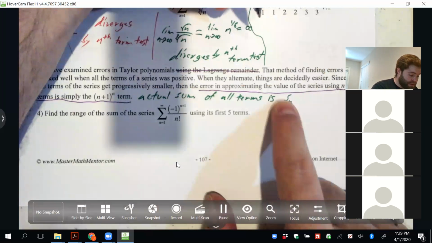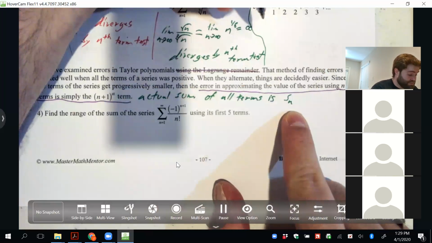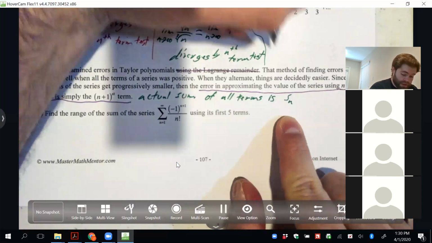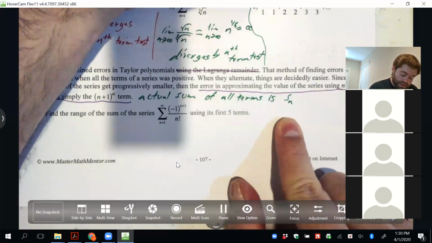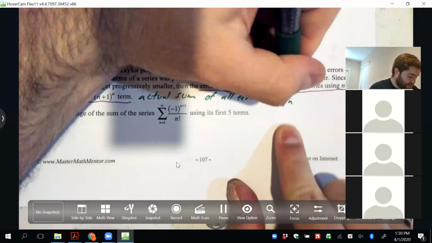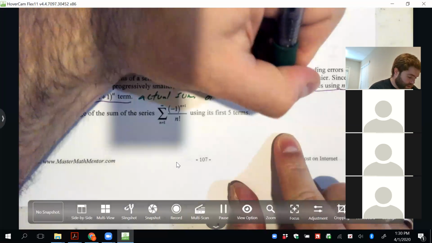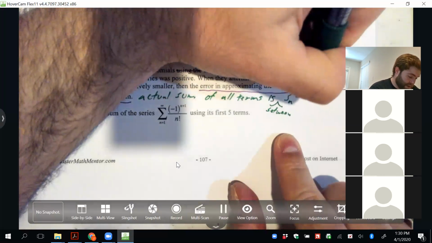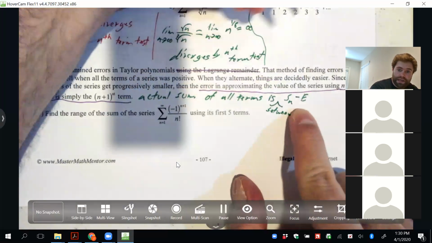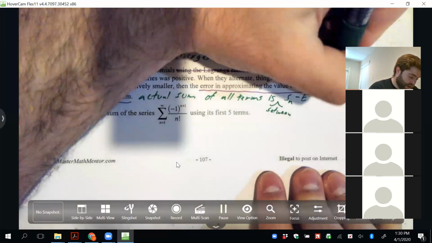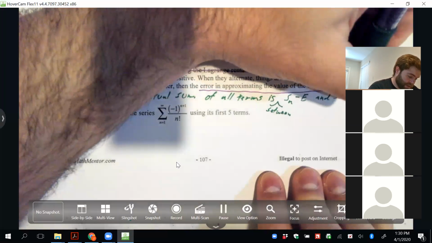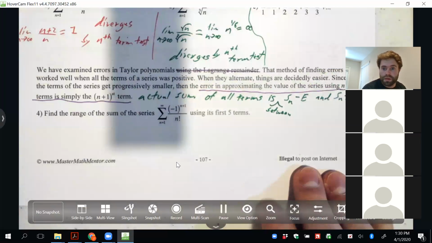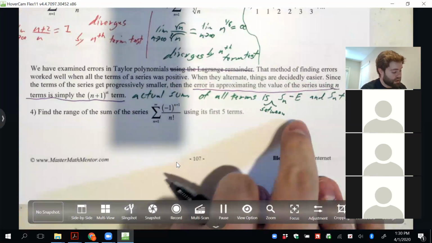It represents a sum of n many terms. So the actual sum of all terms is going to be between, I should have said the word between, S sub n minus the error, using a capital E for error, and S sub n plus the error. And because of that, we can figure out what the error is.